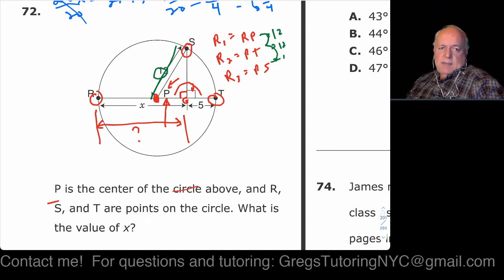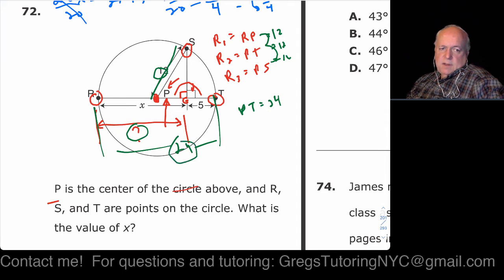Okay, so that means line segment PT is equal to 24. Okay? And if this whole line segment here is 24, then isn't it true that this question mark is the 24 minus the 5, right?